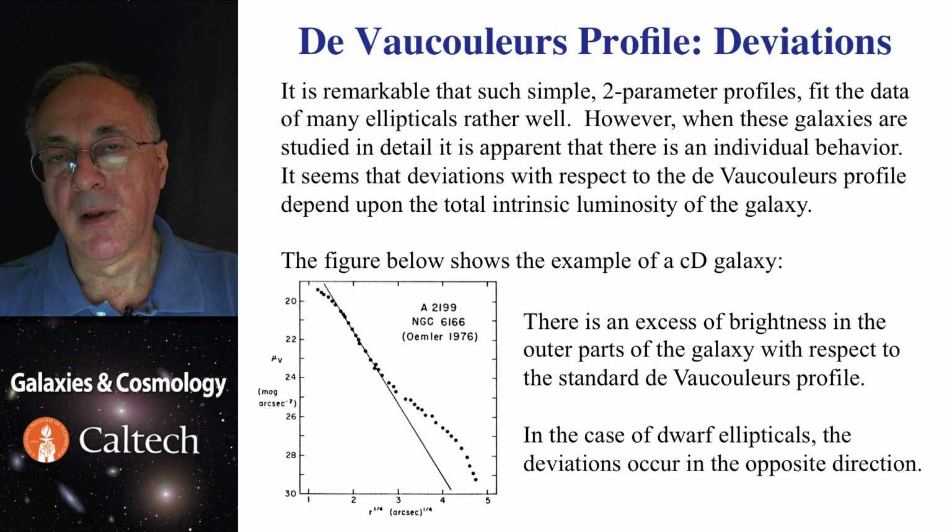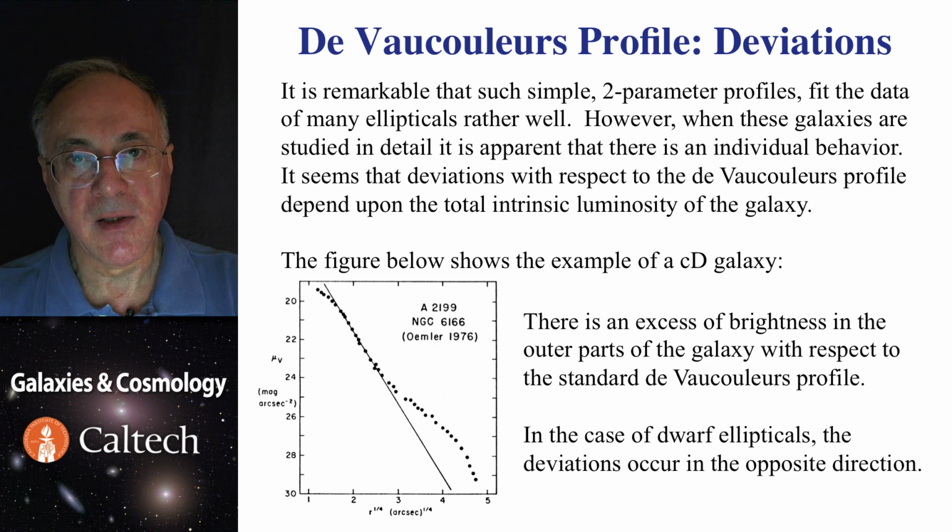One deviation that we already talked about before is the diffuse envelopes of cD galaxies in clusters. But you may recall that those are really stars that belong to the cluster itself, just co-spatial with the galaxy itself.